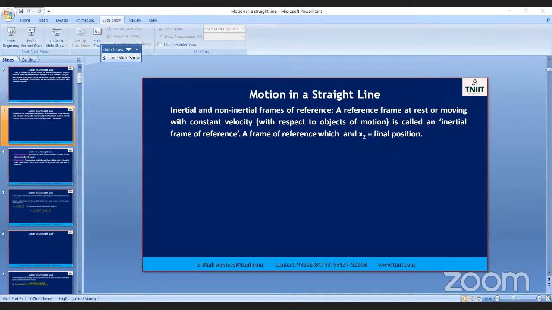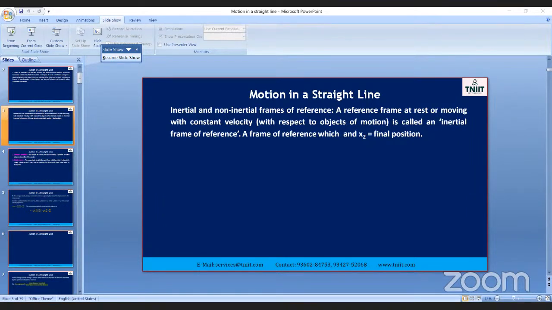Can you tell me whether this 20 meter is a distance or a displacement? Yes, it is a distance.